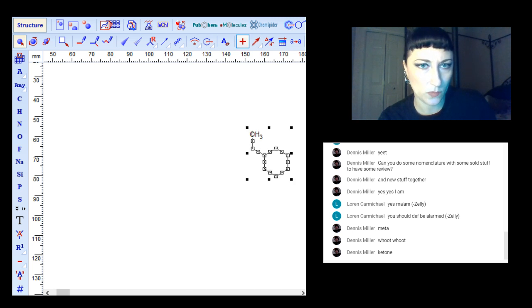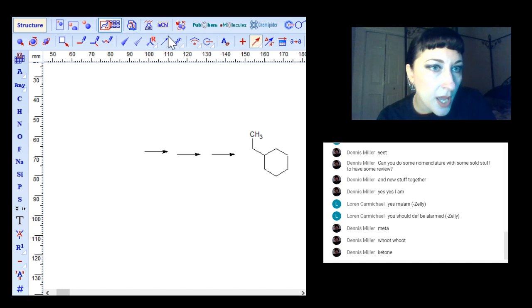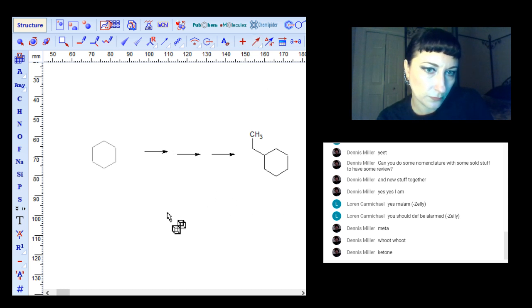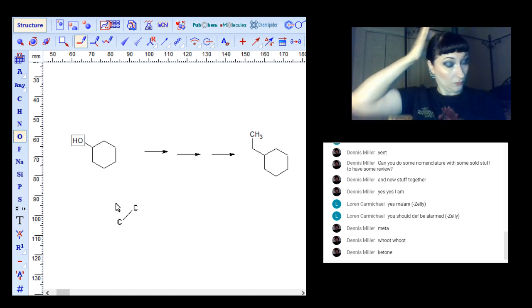There we go. How could I make this, and I'll just put 3 arrows there. I don't know how many it'll take off the top of my head, but how could I make that from cyclohexanol?